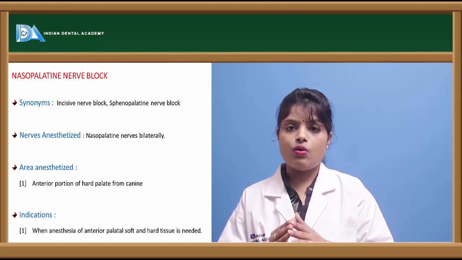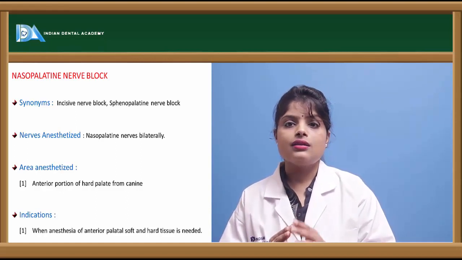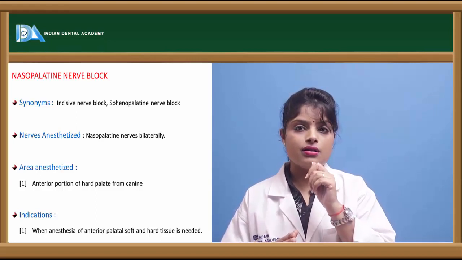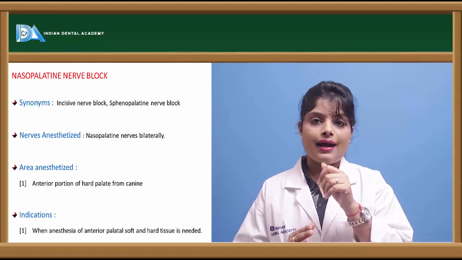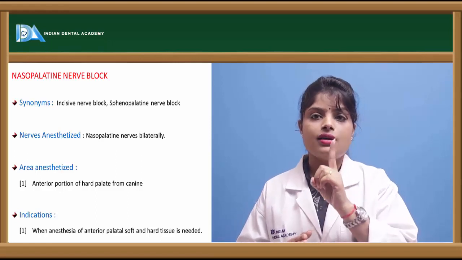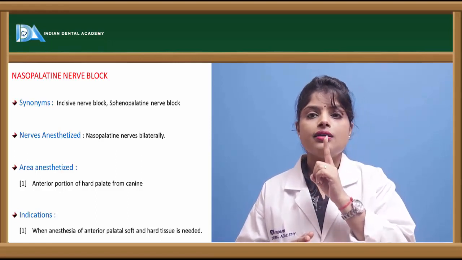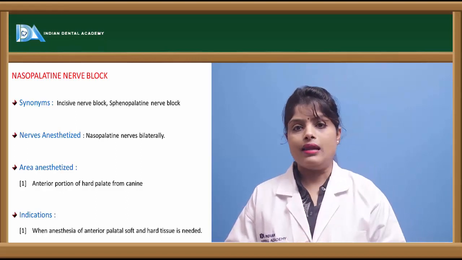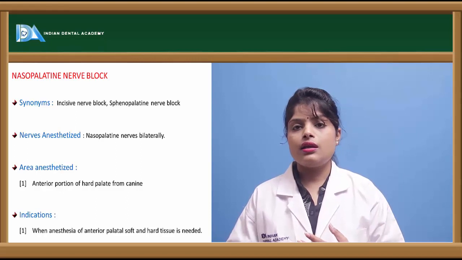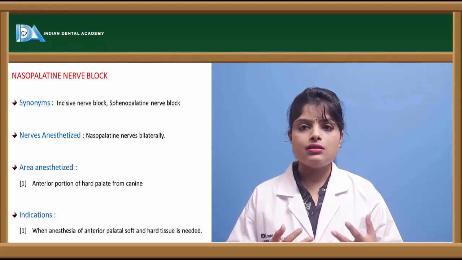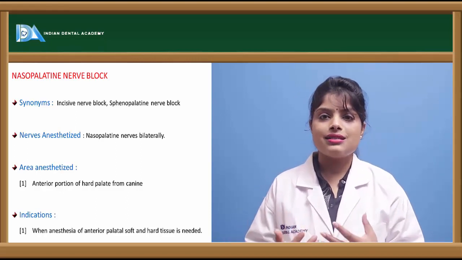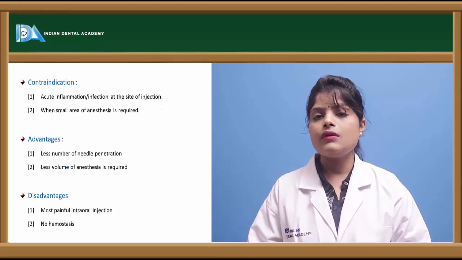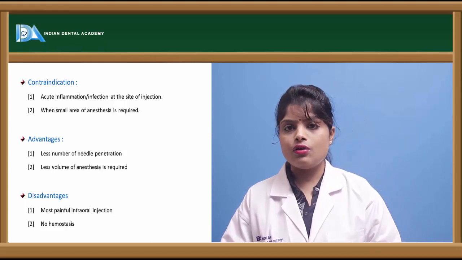Then we'll go for finding the incisive foramen by a depression below the rugae area, and we'll inject the solution at a 90-degree angle to the palate or the anterior palate. Then we'll see that the area is anesthetized, that is the area will be numb and there will be no pain during the operation.